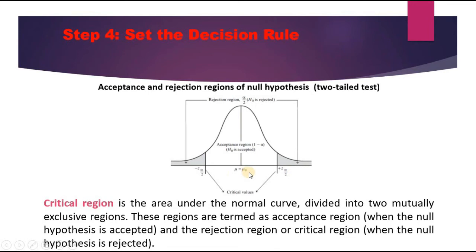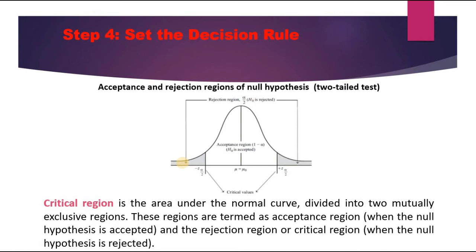This is my null hypothesis which is getting tested, and the acceptance region is 1 minus alpha, that is 1 minus 0.05, which becomes 0.95. So 0.95 probability is for the region of acceptance, and 0.025 on the right side and 0.025 on the left side are for rejection.